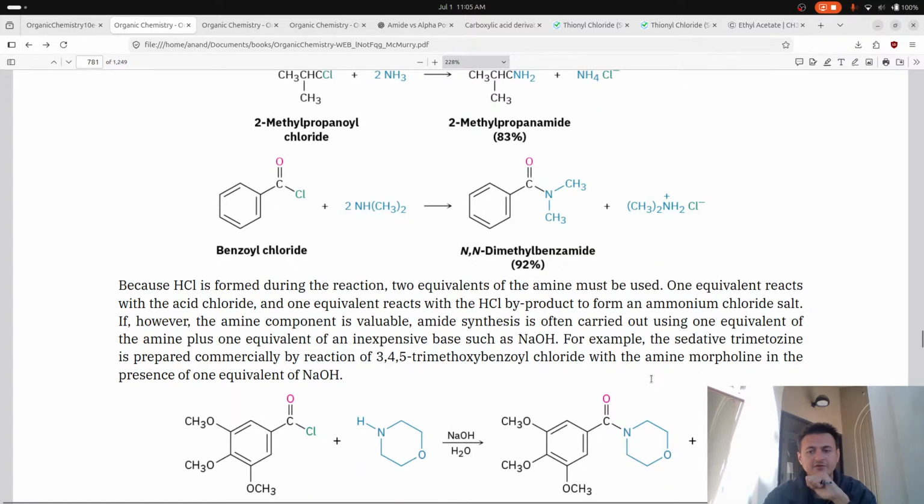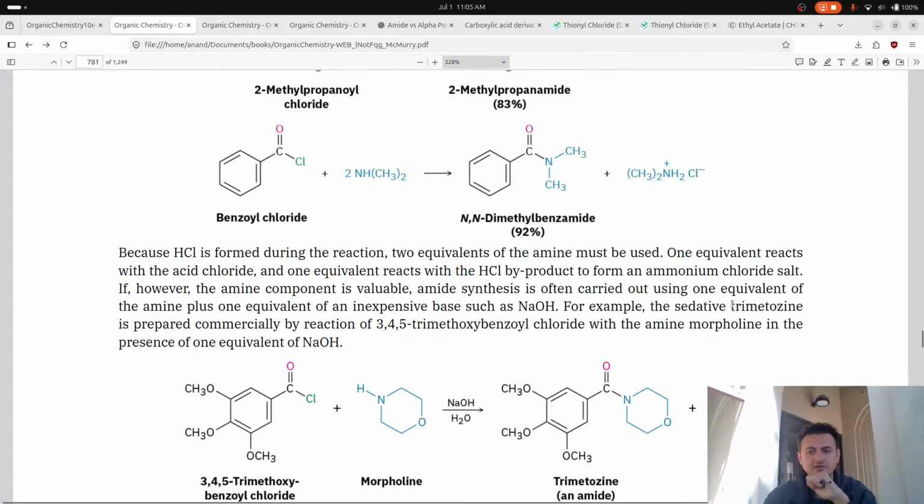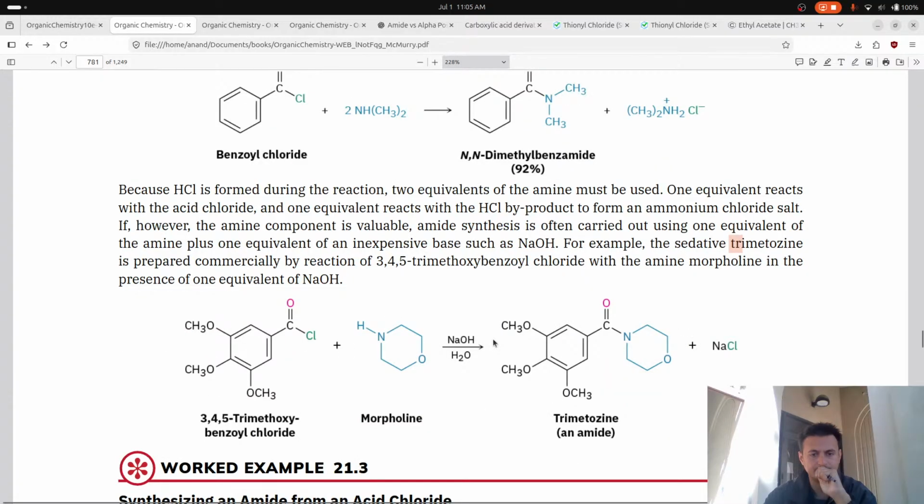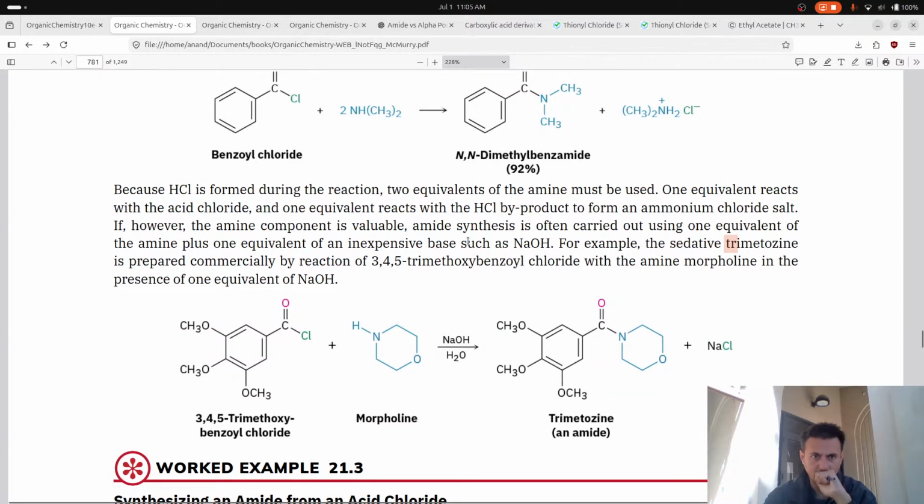For example, the sedative trimetozine is prepared commercially by reaction of 3,4,5-trimethoxybenzoyl chloride with the amine morpholine.